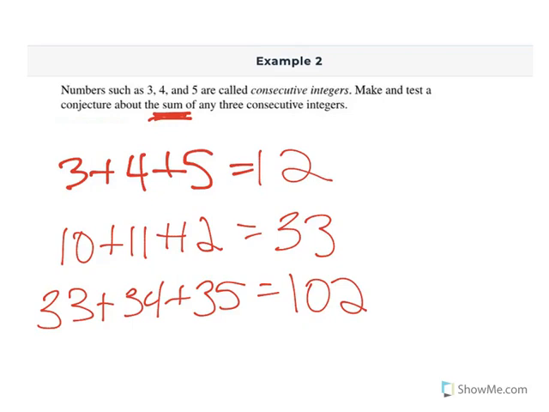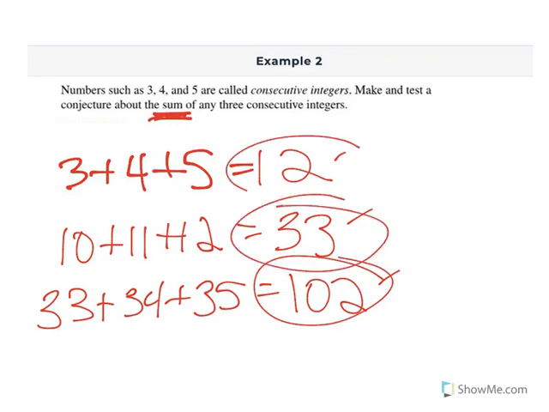Okay, well, let's see. That's even, that's odd, that's even, so that doesn't really mean anything. Well, you know what's true is that every time we add up these numbers, the sum is bigger, right? Okay.